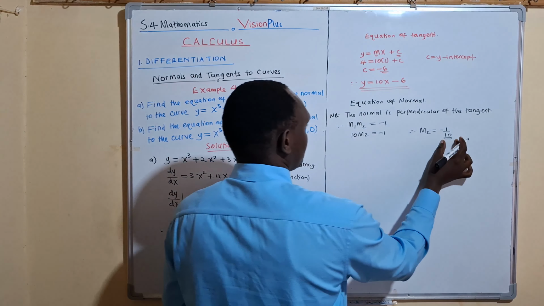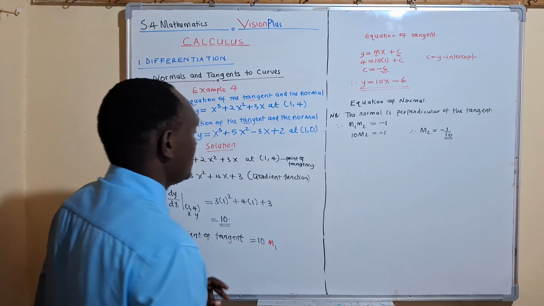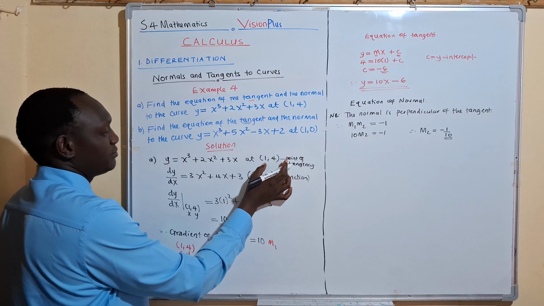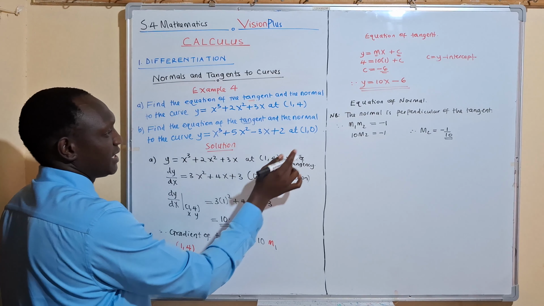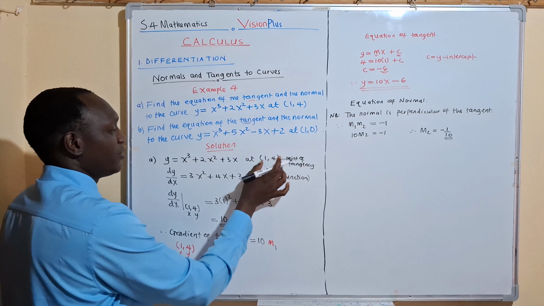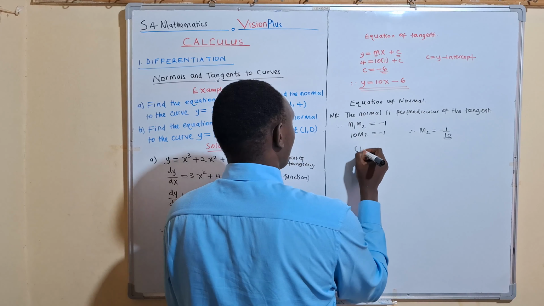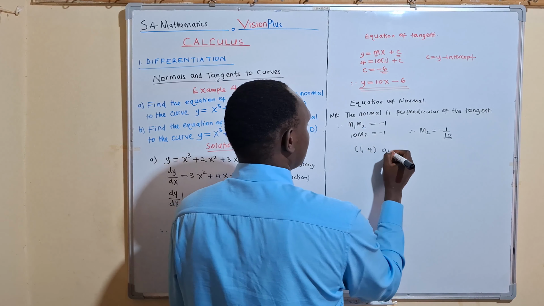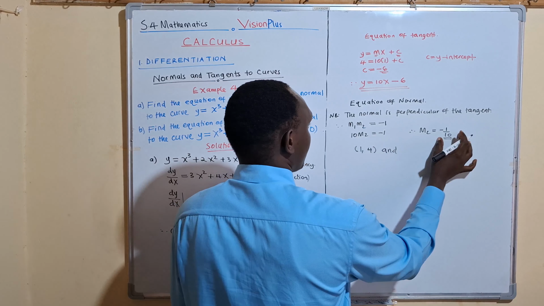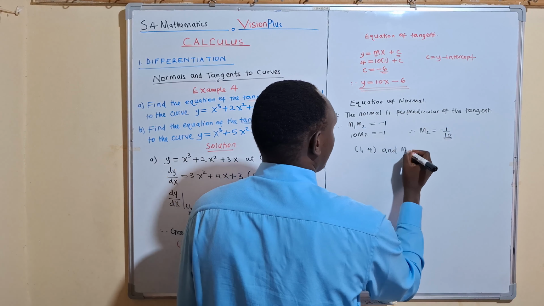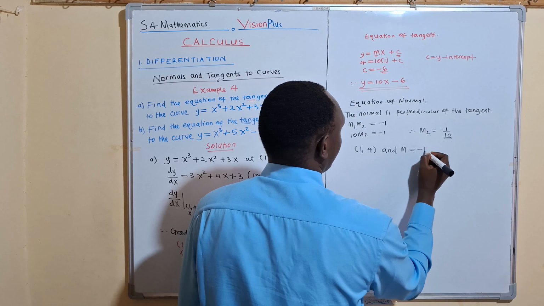This is now the gradient of the normal. Remember, the point of tangency is shared by the curve, the tangent, and the normal. That means this point is also on the normal line. Therefore, we have the point (1, 4), and the gradient of the normal, which I can call m, negative 1 out of 10.